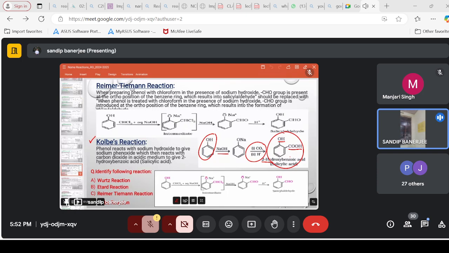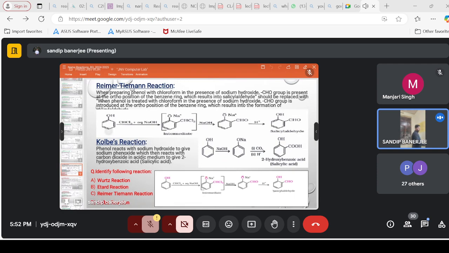So 2-hydroxybenzoic acid. Actually, I think everybody knows about this nomenclature. The nomenclature part, from each and every chapter, was properly explained by Ramesh sir on the second day. I think students already grabbed that one. I think these kinds of things are not confusing right now for our dear students.